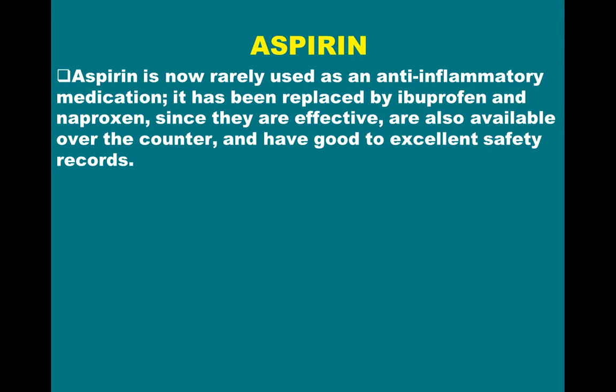Although aspirin is now rarely used as an anti-inflammatory medication, it has been replaced by other nonsteroidals like ibuprofen and naproxen, since they are effective, available over the counter, can be easily obtained by a patient from markets or pharmacies, and have good to excellent safety records.